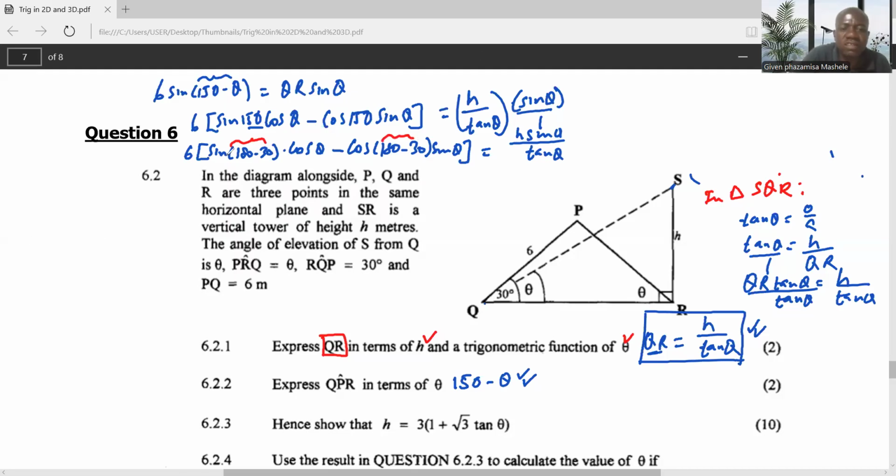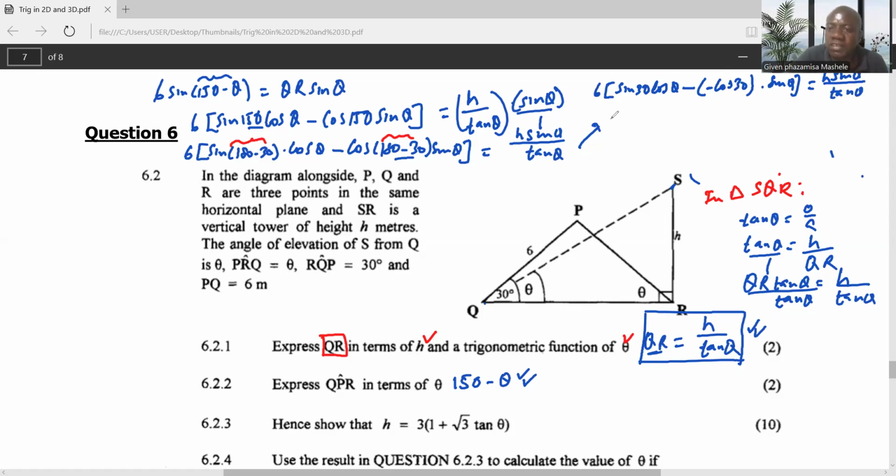So it will be 6 into sine of 180 minus this, sine 30 cos theta. 180 minus an angle is in the second quadrant, where cos is negative. I mean this one. So this will be negative cos 30 multiplied by sine theta, equals h sine theta over tan theta.